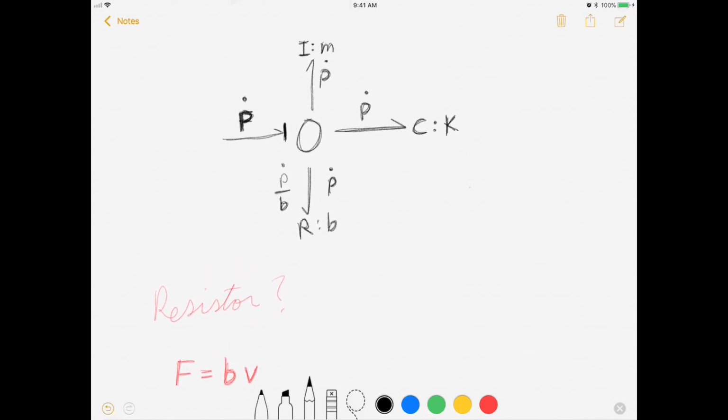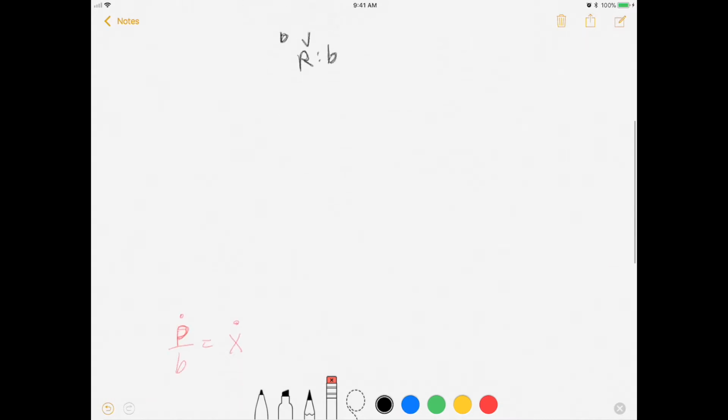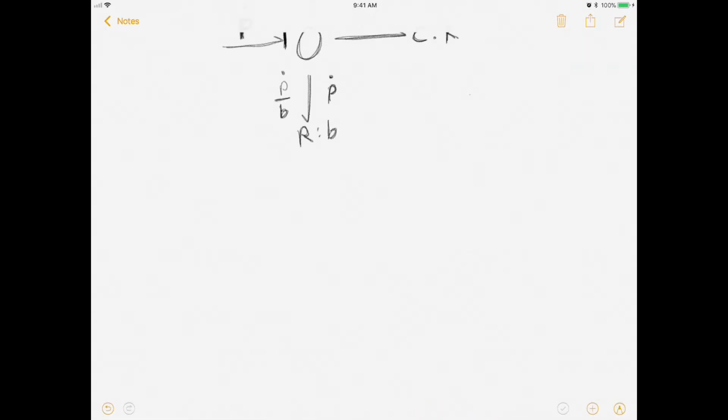Next, what I'm going to do is look at that capacitor right there. I'm going to ask, what is the flow of that capacitor? Well, we're going to do the same thing that we did for the resistor, and we're going to say, what is the force that a spring exerts? Well, F is equal to K, which is the spring constant, times X. Right?